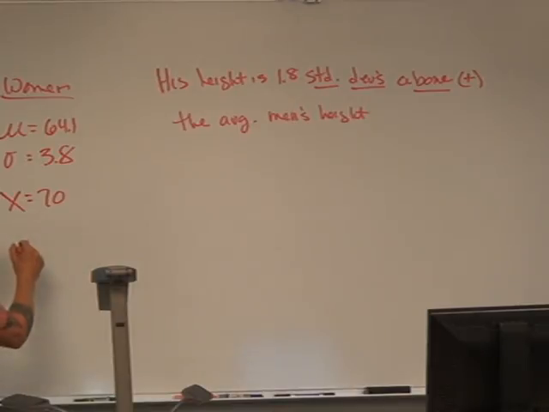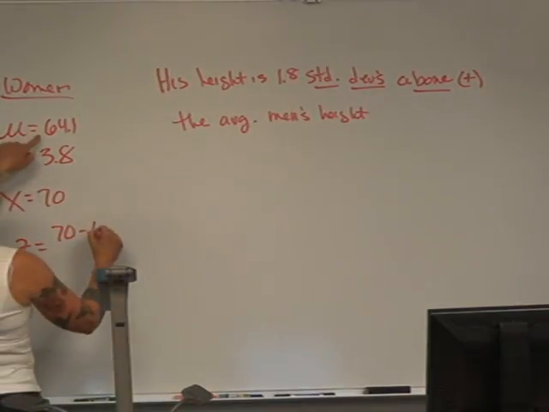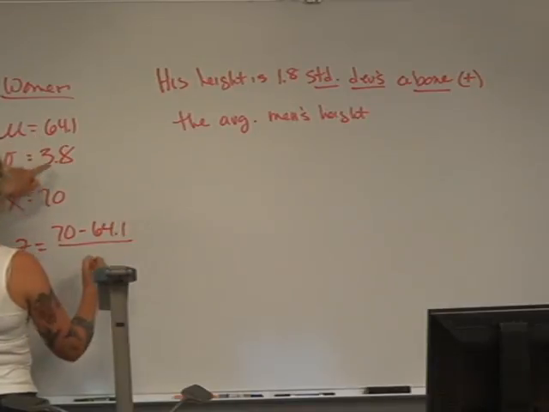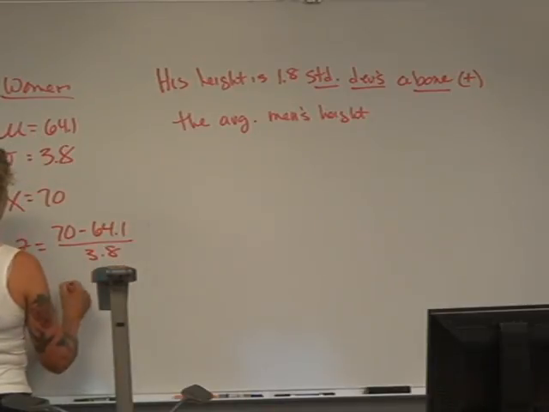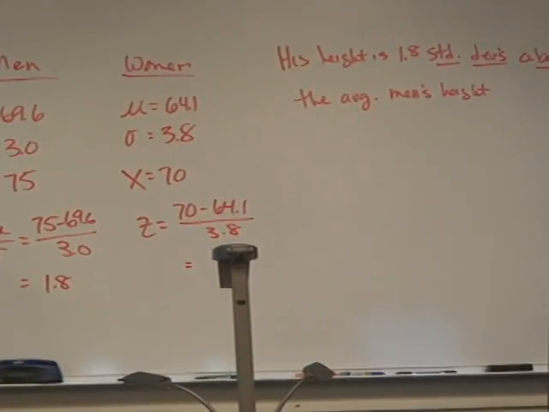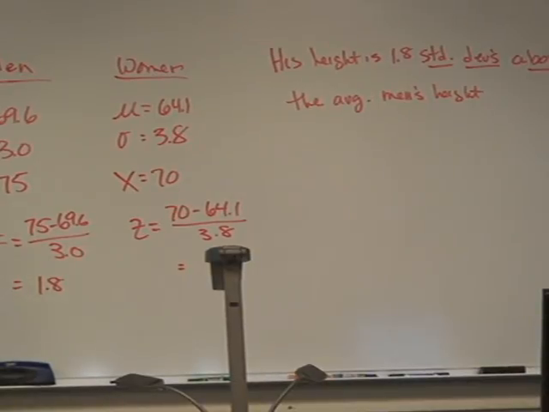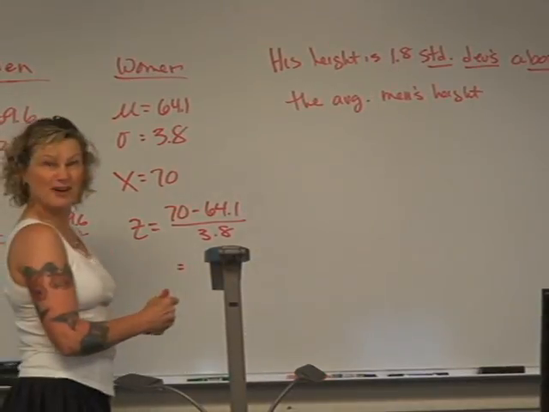Let's talk hers. So her height minus the mean, she's also taller than average, divided by the standard deviation. And what do we get there? 1.55?